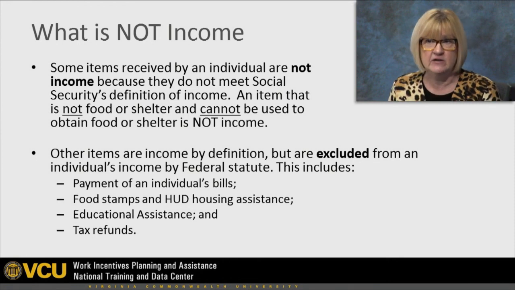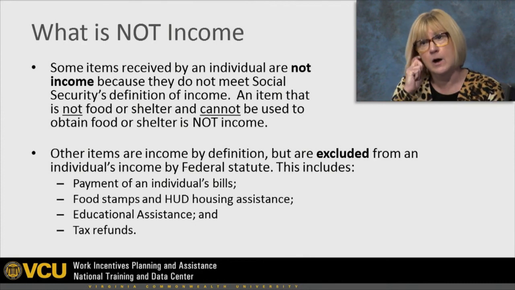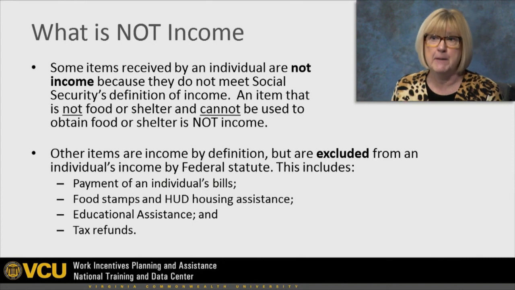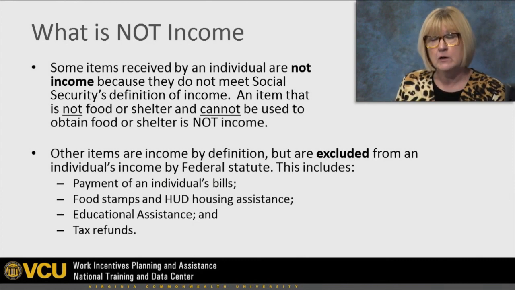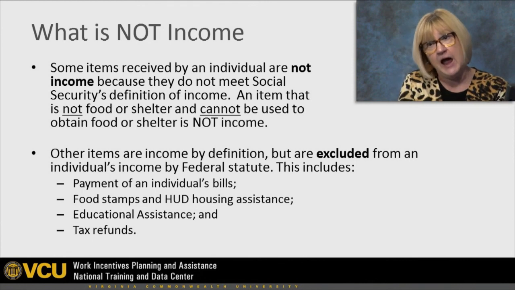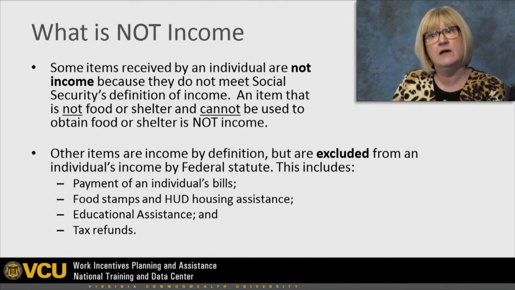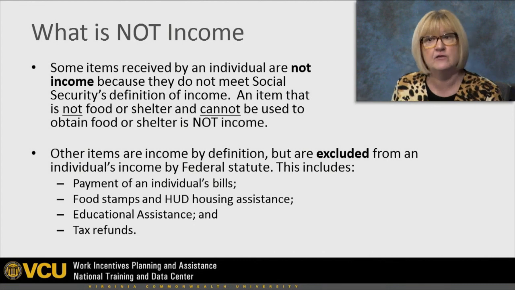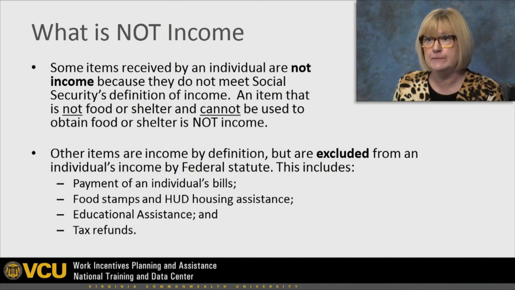Things like payment of an individual's bills, with the exception of food and shelter. So if I'm an SSI recipient and my mom paid my cell phone bill, that's not income. That's okay, as long as she's not giving me the cash to pay my cell phone bill. If my mom is paying that directly, then that could be excluded.